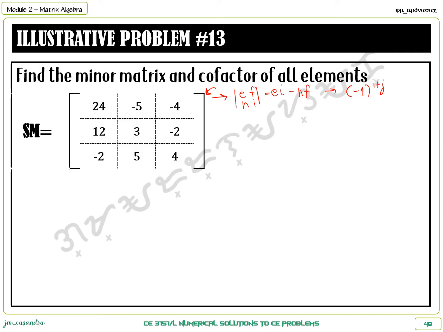Okay, so these are our values for the minor matrix or submatrix, or this is the determinant of the submatrix.